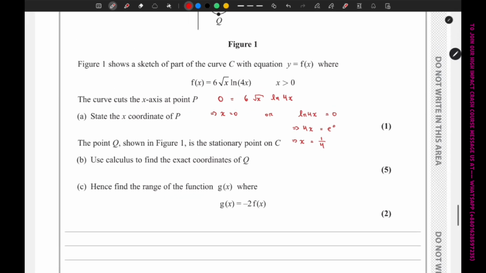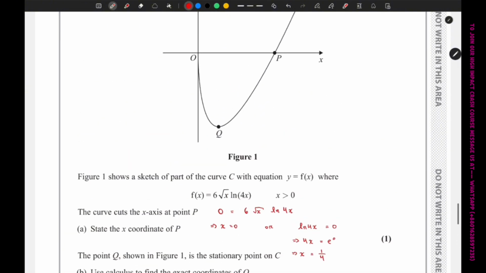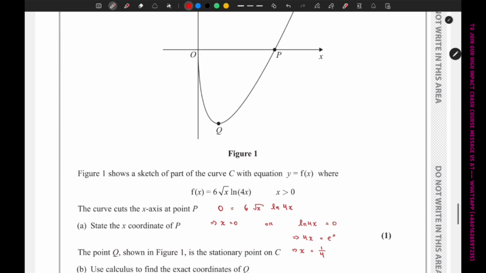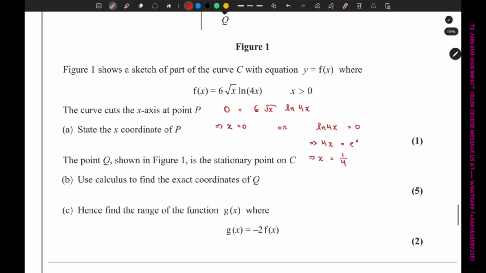Okay. Now for the second part, the point Q is the stationary point on C. Use calculus to find the exact coordinates of Q. Okay, so we need to use calculus.